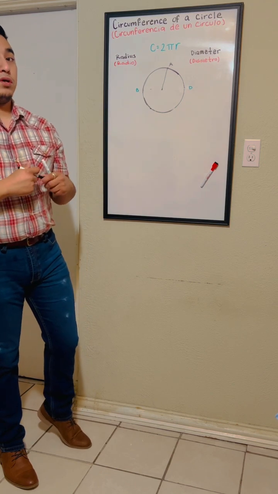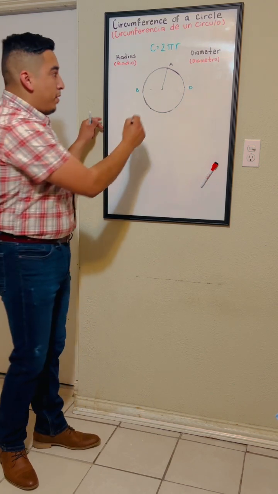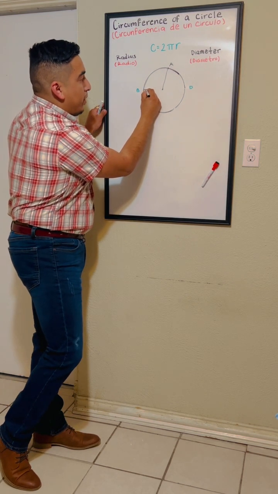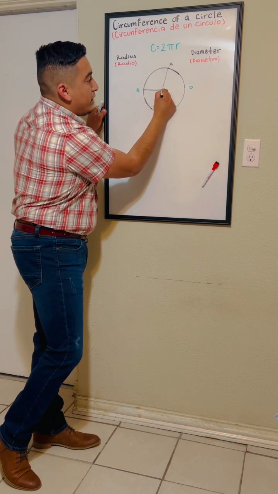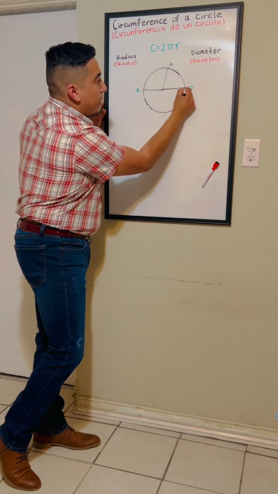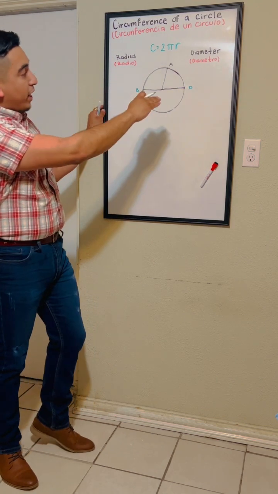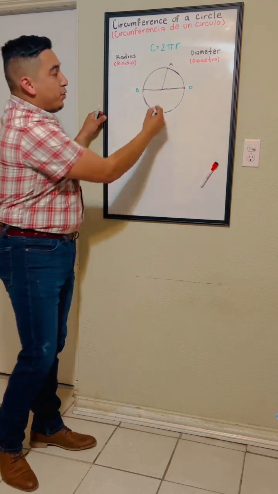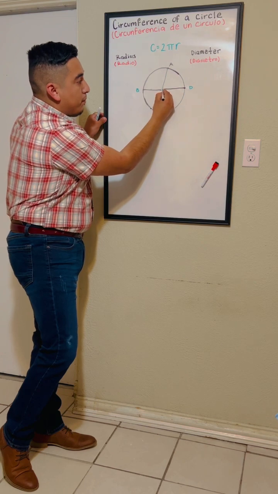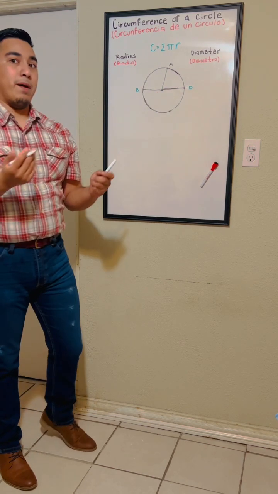That's going to be our diameter. So point B going in through the center, going to point D. It's a straight line that passes through the center of the circle. That's our diameter.